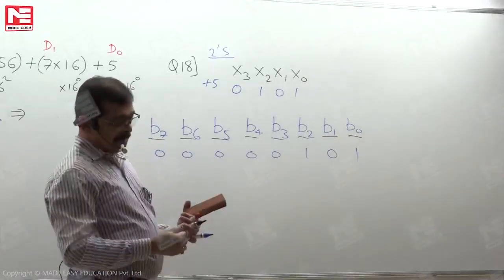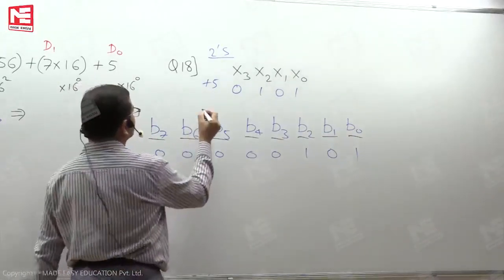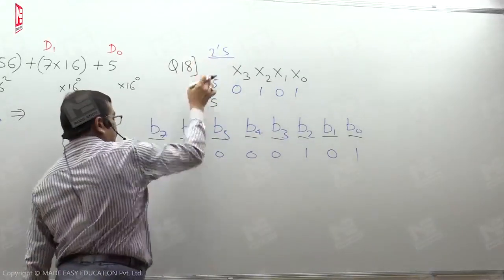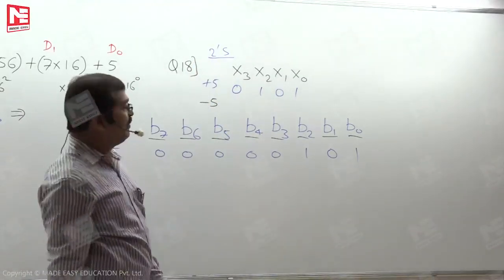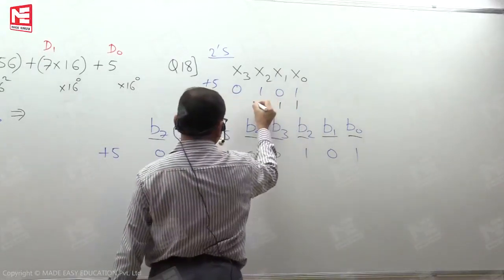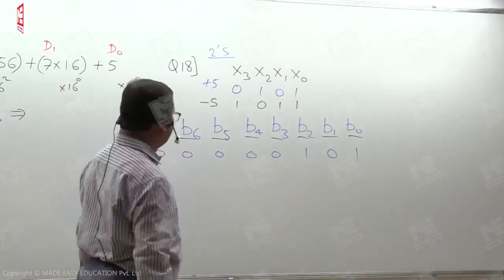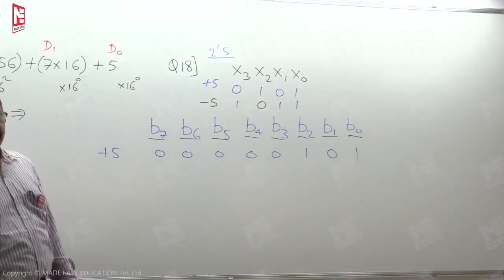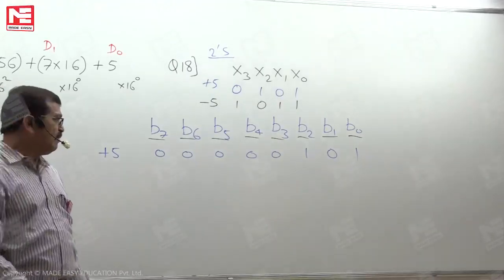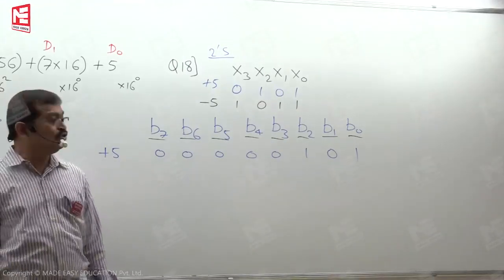Similarly, let us take the number as -5. If it is expressed in the 2's complement form, it must be 1101 from LSB to MSB, or from MSB to LSB, 1011.